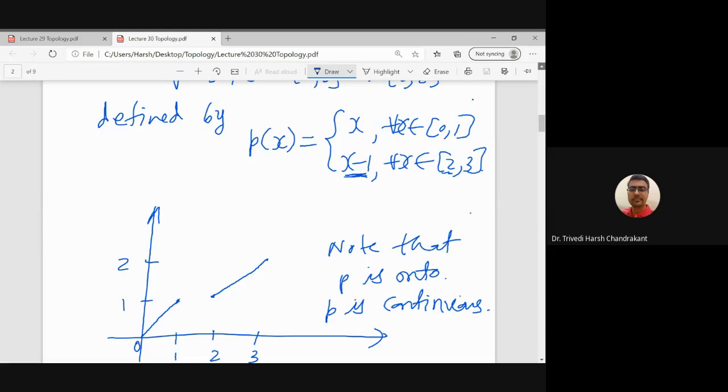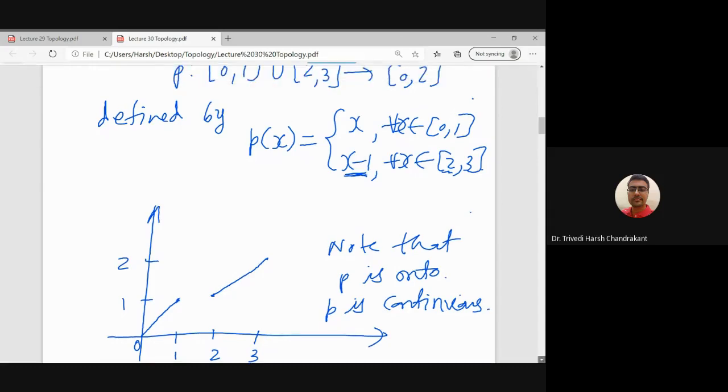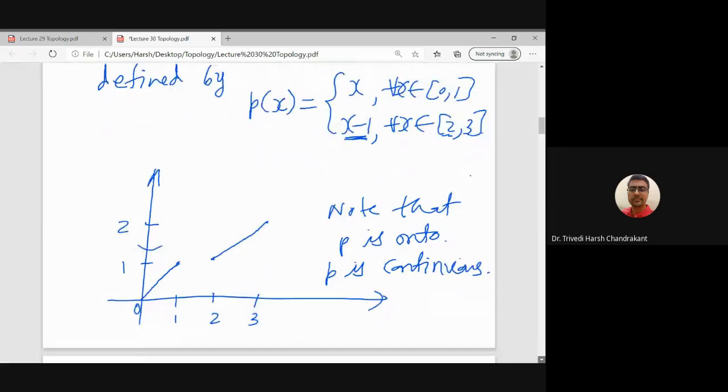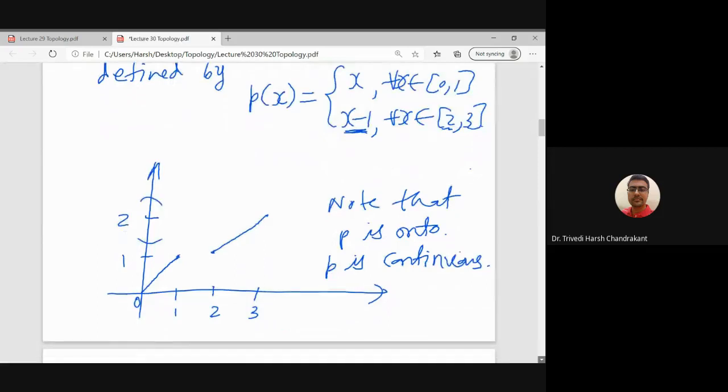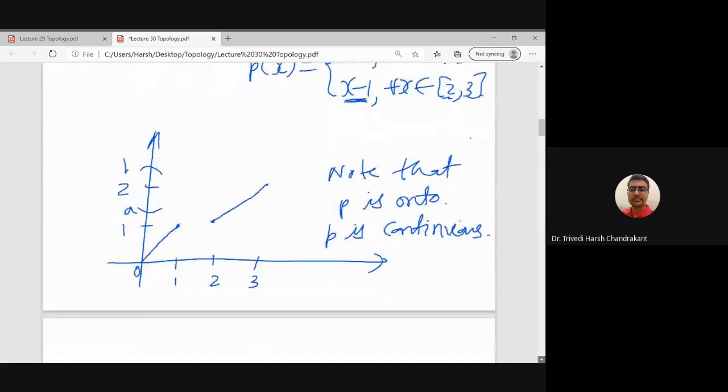So to check that, you take any open set of the interval [0,2]. When you take any open interval, basically in the subspace topology it will be of this form. So let us say this is the interval (A,B).